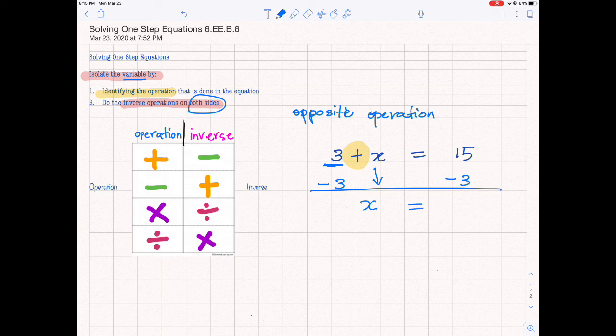Equals to 15 minus 3 is 12. Now I have a value for my x. Alright. So according to this solution, x is equal to 12.